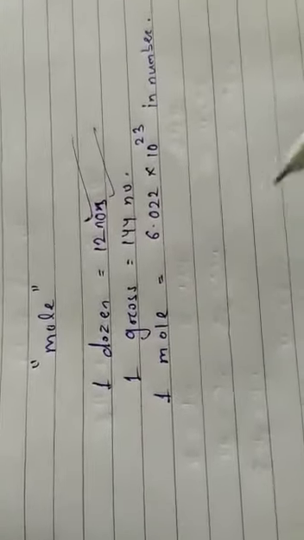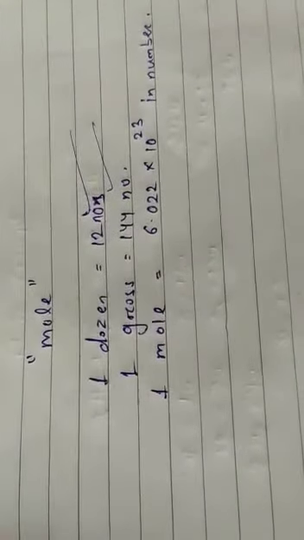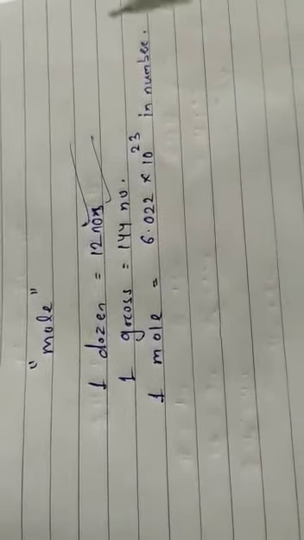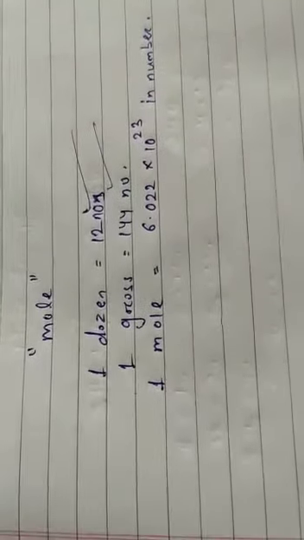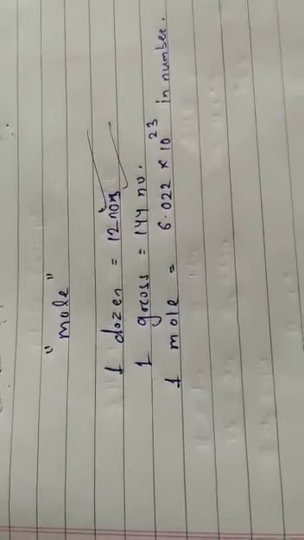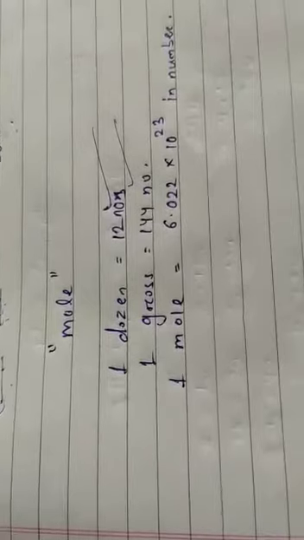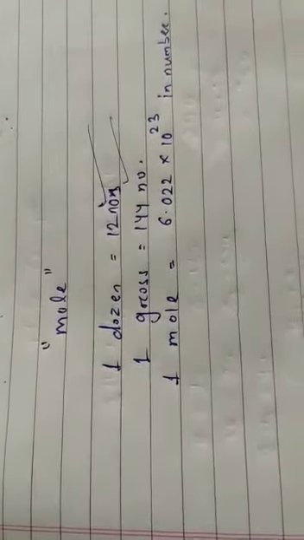Similarly for the mole we have a fixed quantity, an experimentally obtained value, that is 6.022 into 10 to the power 23 in number. So 1 mole of any substance is fixed, like a dozen or a gross, with the value 6.022 into 10 to the power 23. This is an experimentally obtained value.